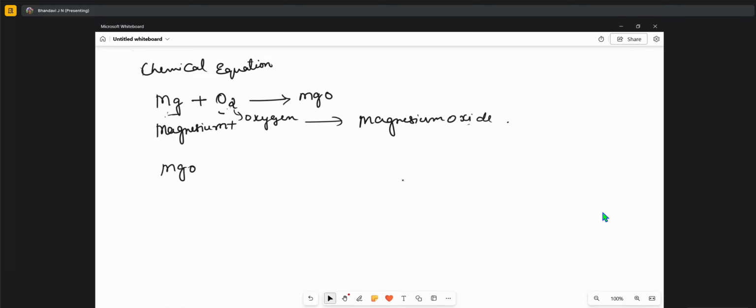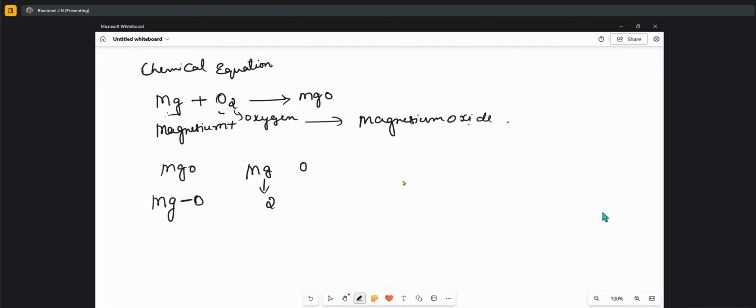How do you consider that? One magnesium combines with one oxygen. That is the meaning here. So how many atoms combine with how many other atoms? How will you know? By the valency. Most of you know, I think. Do you know how to write? See, magnesium valency is 2.